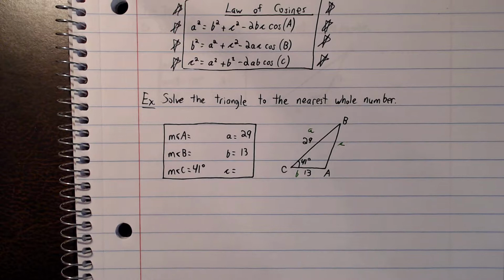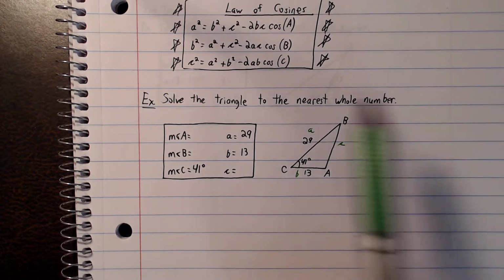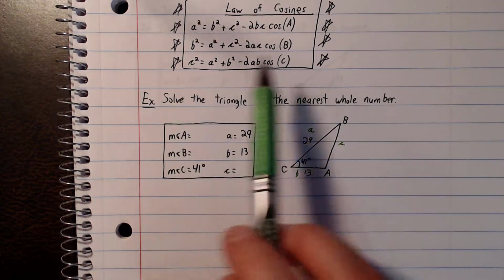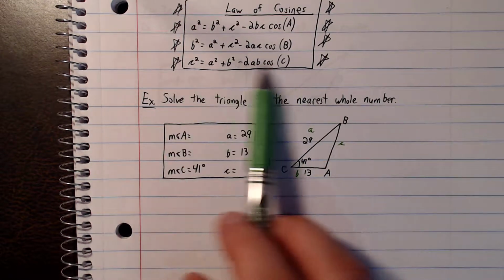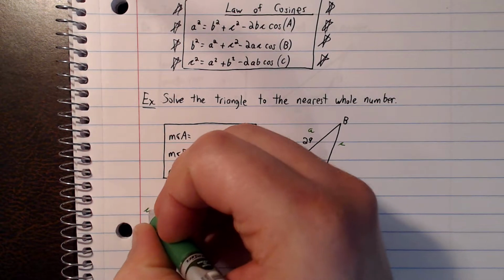All right, I'm just going to fill out the rest of those sides, and we're going to have to find side C first. Why am I saying side C first? Because this is what I'm solving for, and it's the only angle that I know for sure that I can plug in for this formula. So it makes sense to me that we'd have to find that one first.